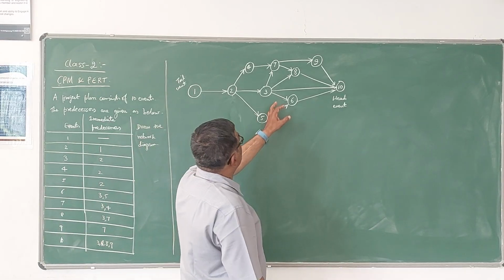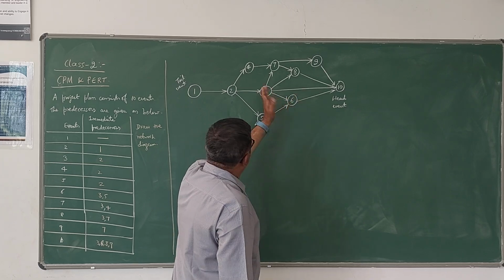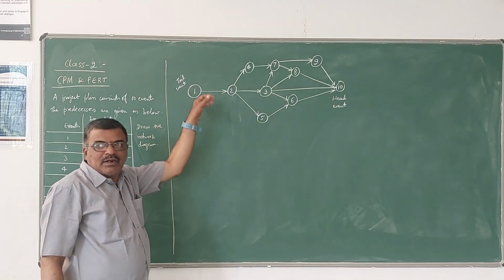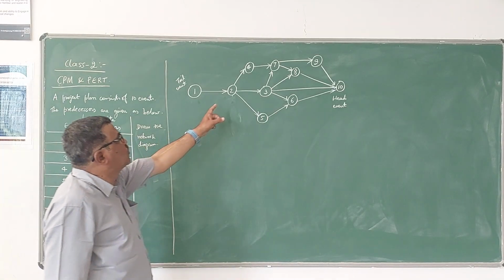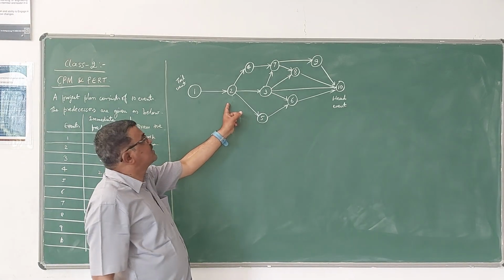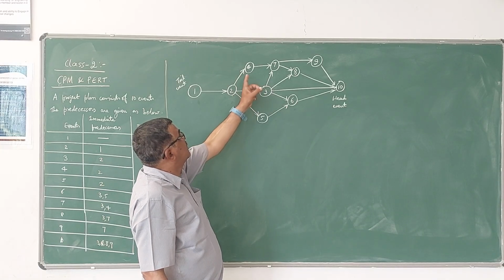But you can say that 7, 3, 5, 8, 6 are all successors to 1, but they are not immediate. Immediate successor to 1 is only 2.